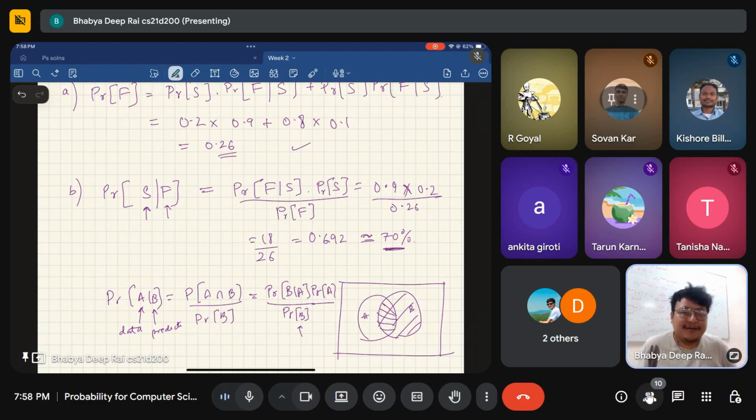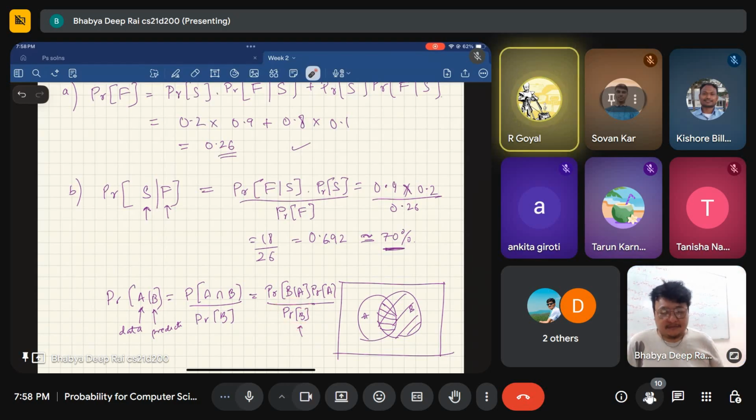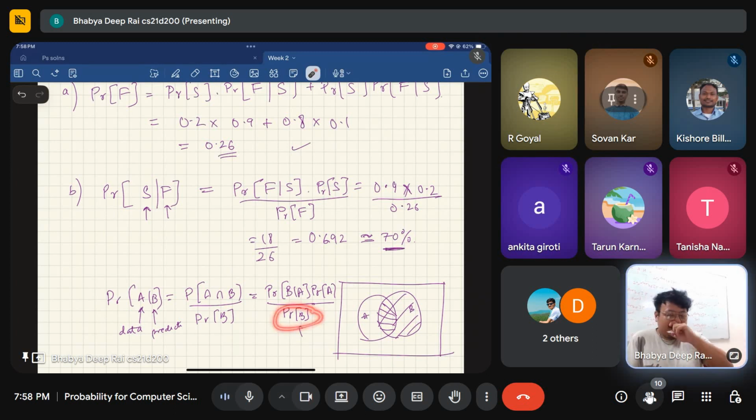But okay, I'll think about this. So what you basically mean is that this remains constant, right? Yes. Okay, I'll look into this. Maybe we'll talk about it in the next session. Sure, okay.